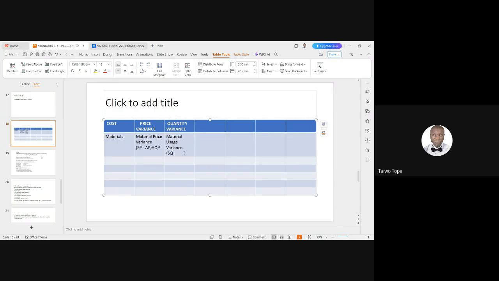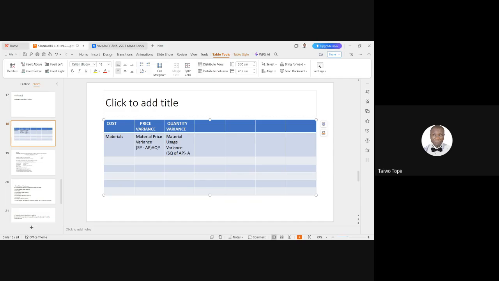In some of our literatures, they will just write it this way: standard quantity of actual production. In your book, you can write it in a very clear way. Standard quantity of actual production, less what?